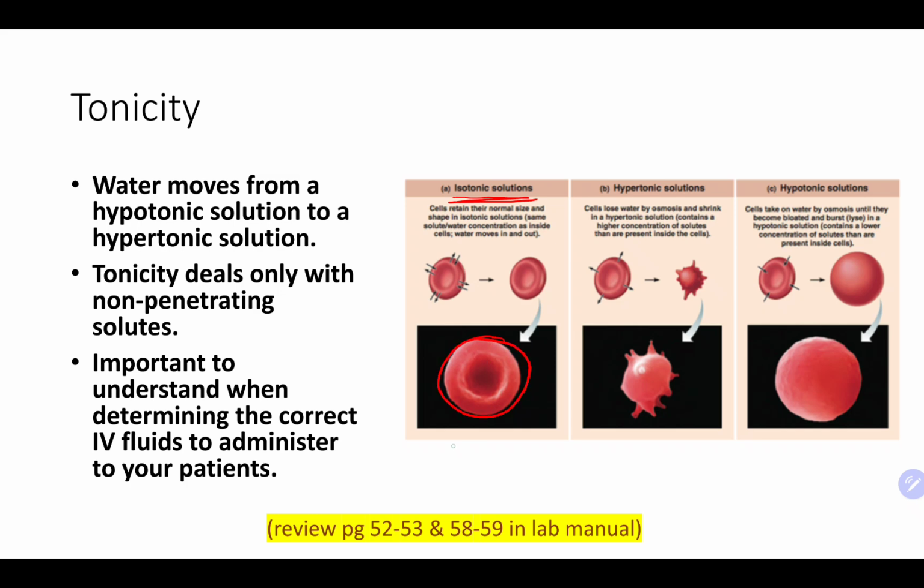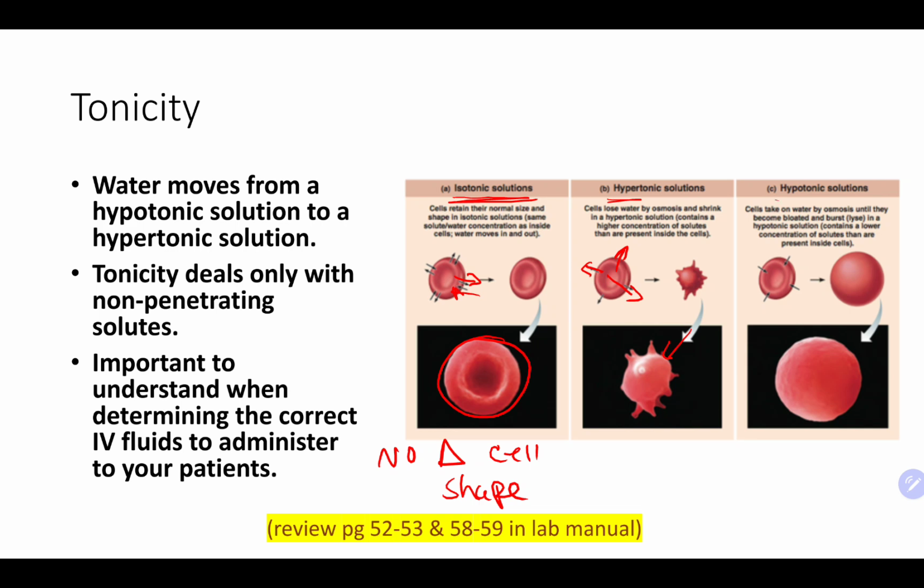There is no change to the cell shape or size, because equal amounts of water go in and equal amounts of water go out. If I put that cell in a hypertonic solution, meaning the solution has more stuff than the cell, water wants to move with the stuff, so water is going to move out of the cell. As a result, that cell is going to shrivel up, crenate, and die.